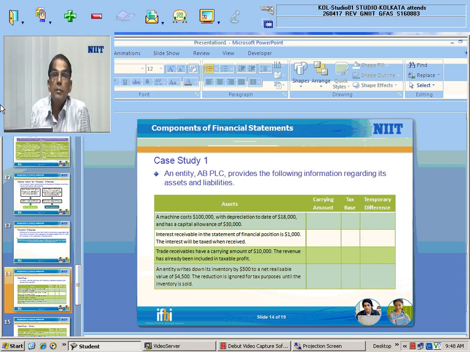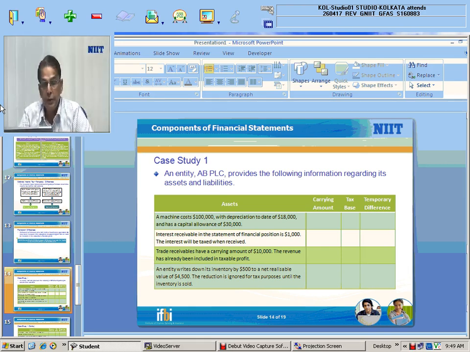So the temporary difference is 12,000. Is that clear? The machine is costing 100,000, the accumulated depreciation is 18,000. So what is the carrying value of that asset? Original cost minus accumulated depreciation, 100,000 minus 18,000, so 82,000. But the machine has a capital allowance of 30,000, which is provided under tax laws.